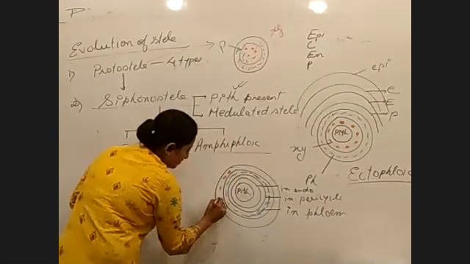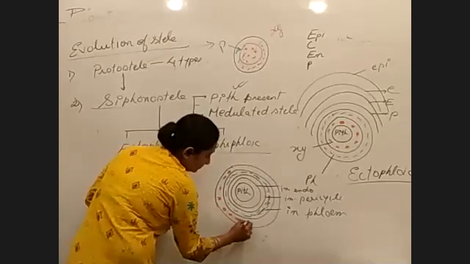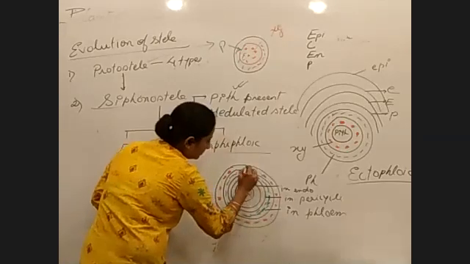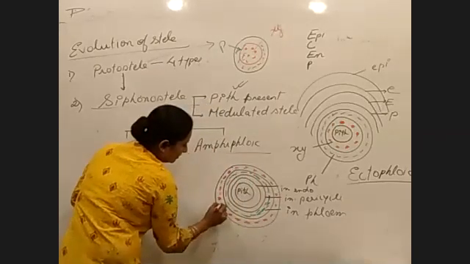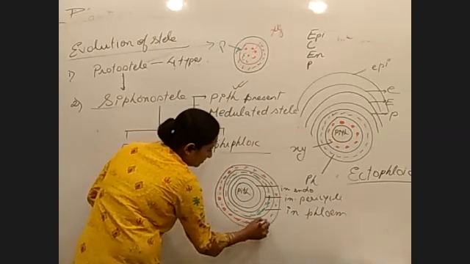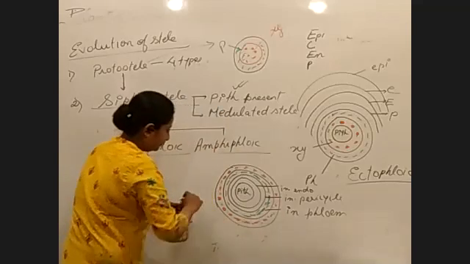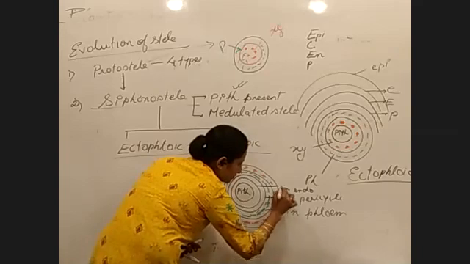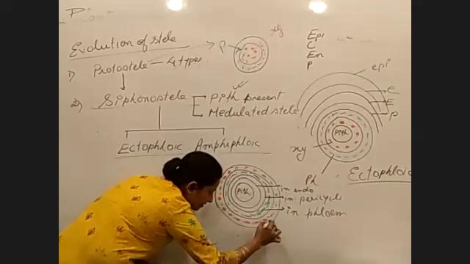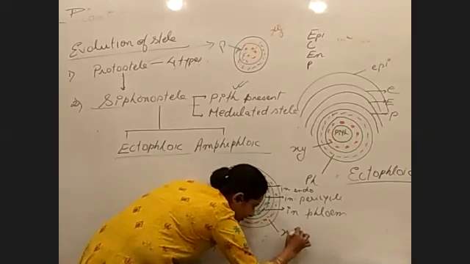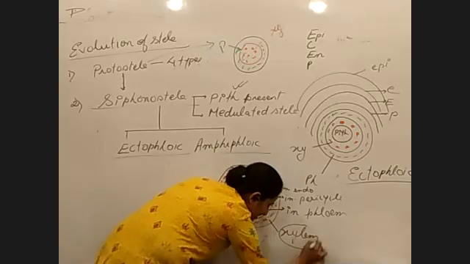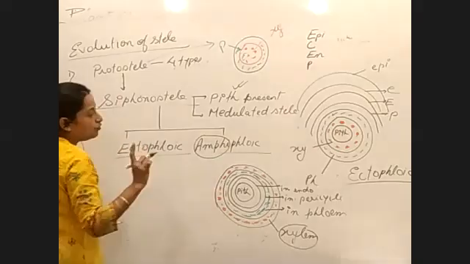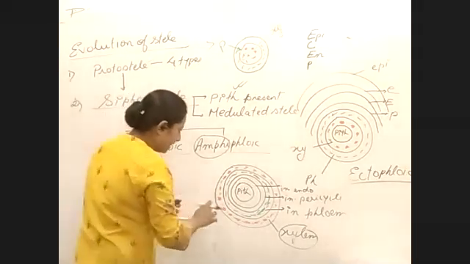Xylem, very good. So this layer would be xylem, and since we are talking about amphi, how many layers of phloem will there be? Two layers.